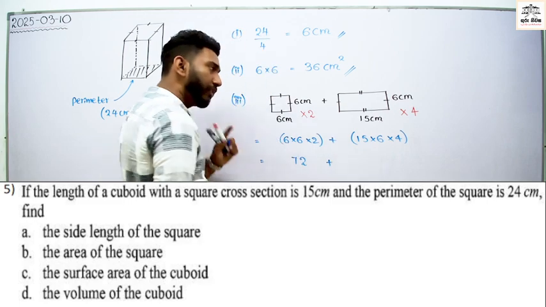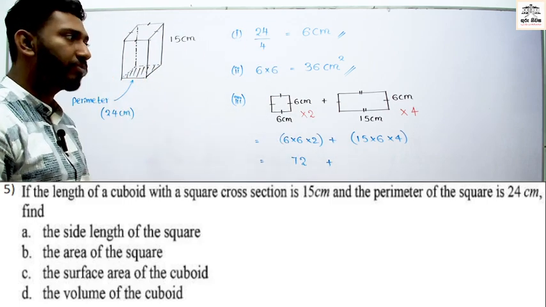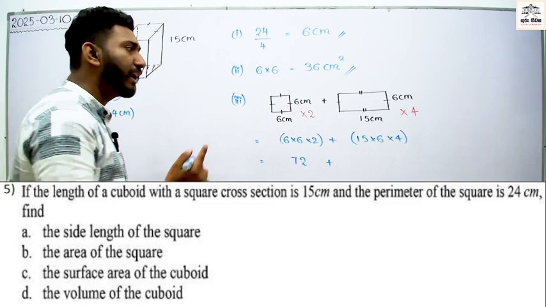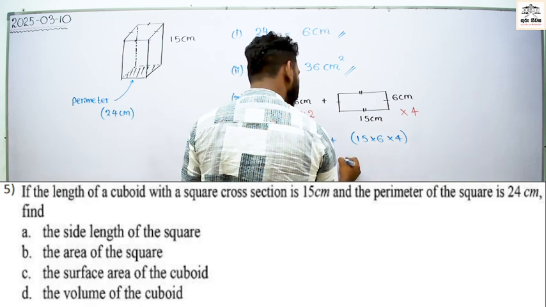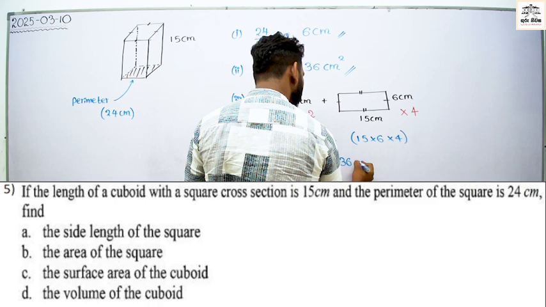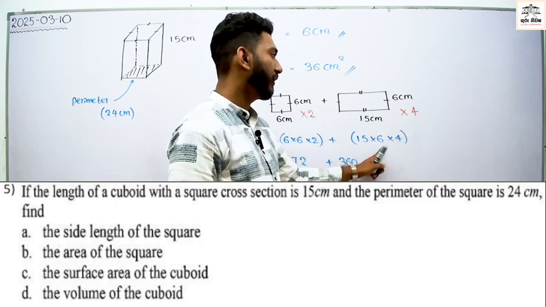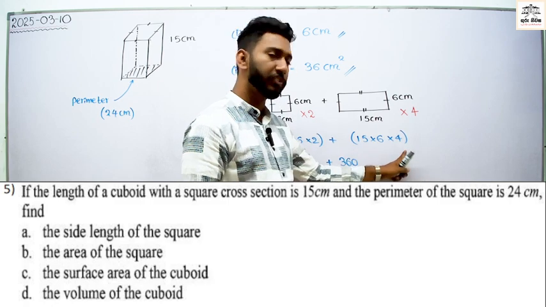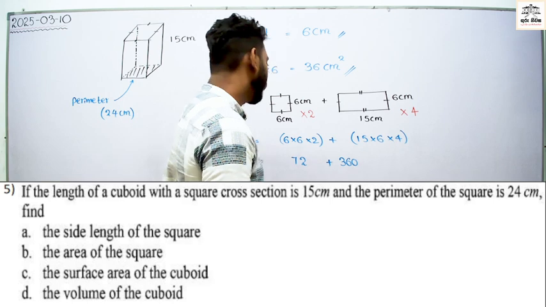Plus 15 times 6, which is 90, and 90 times 4 is 360. Or 6 times 4 is 24, 24 into 15. Or 15 into 4 is 60, 60 times 6 is 360.